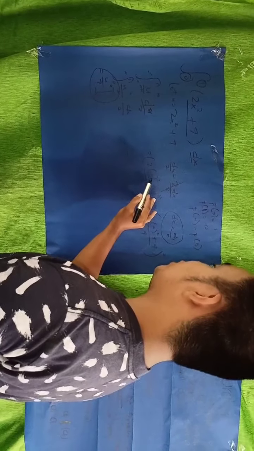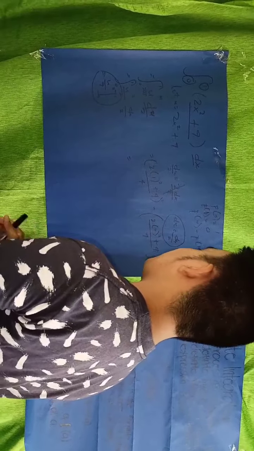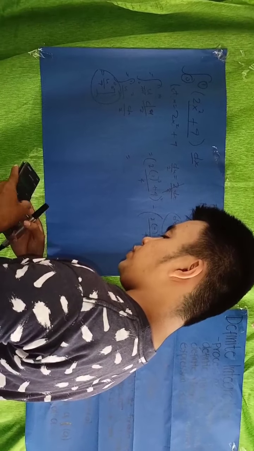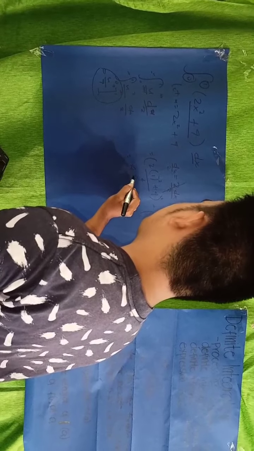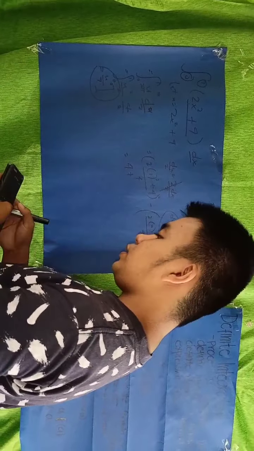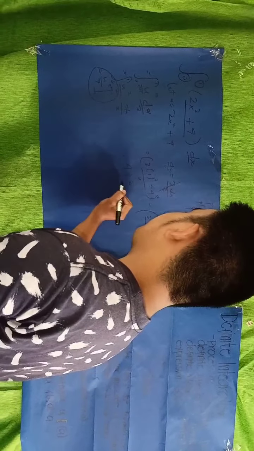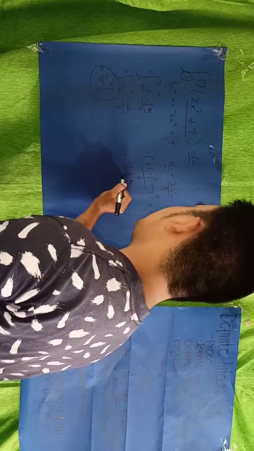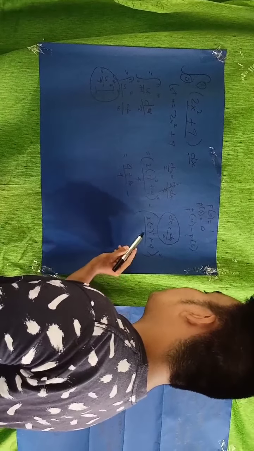1 raised to 2 is equal to 1 times 2. 2 raised to the second power is equal to 4. Plus 4 raised to the second power is equal to 16. Copy the denominator. Minus 0 raised to the second power is equal to 0 times 2.